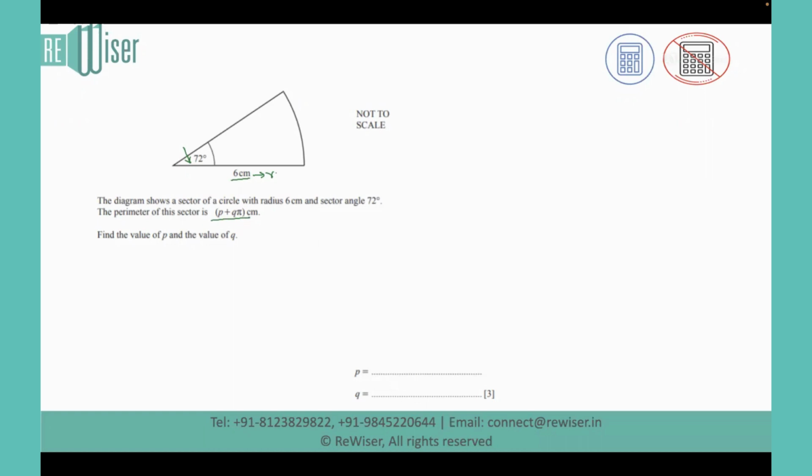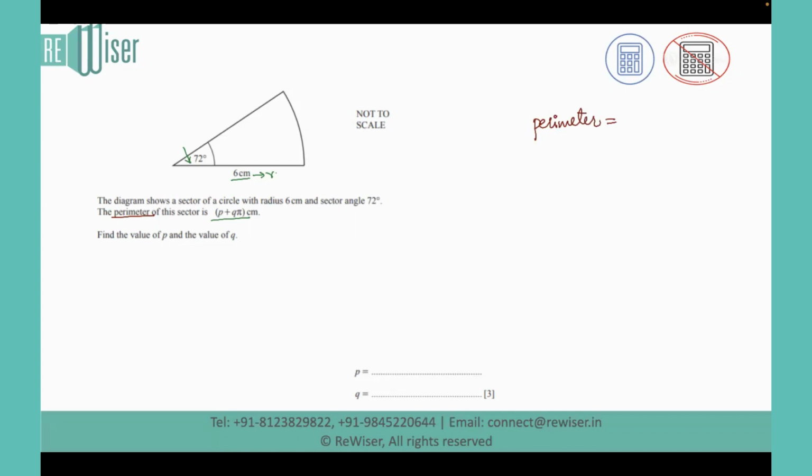So first of all, let us write down the formula we would be using to calculate the perimeter of the sector. If we try to get a better understanding of the perimeter of any figure, it's the length of the boundary which covers that particular figure.